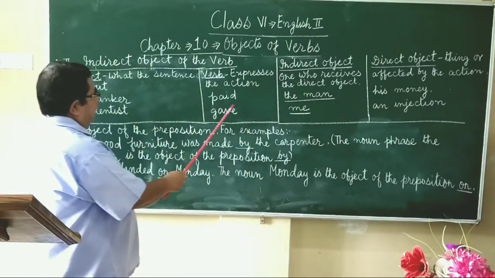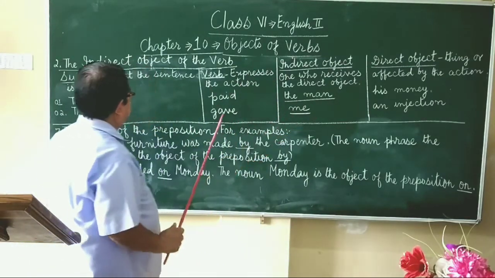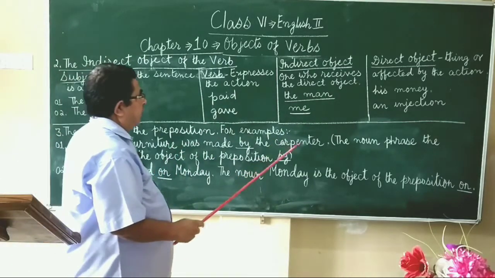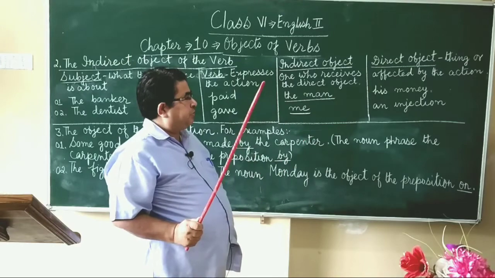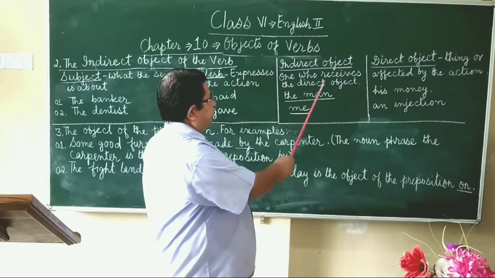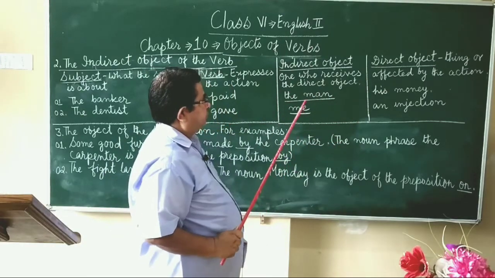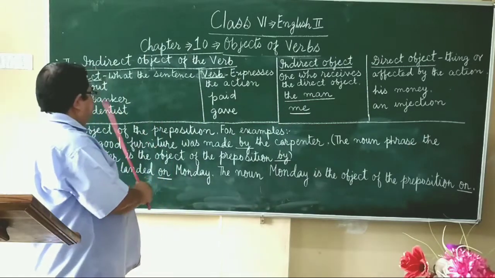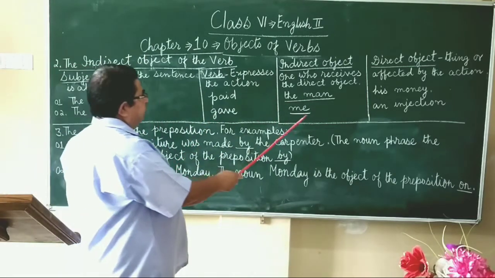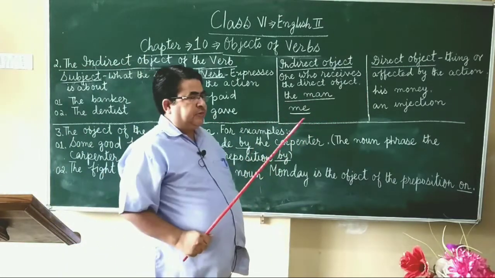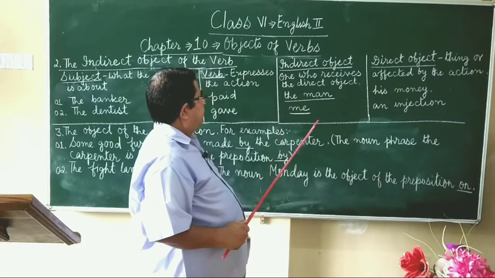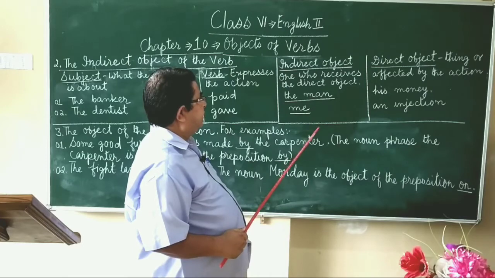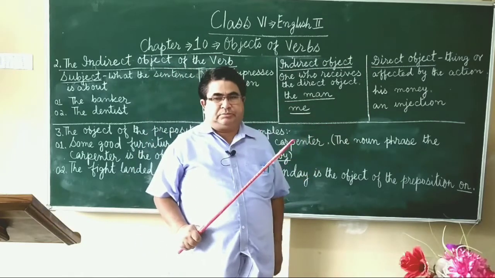The banker paid the man his money. Here the indirect object is the man. One who receives the direct object is money. The dentist gave me an injection. Here the indirect object is me, because he receives the direct object, an injection.